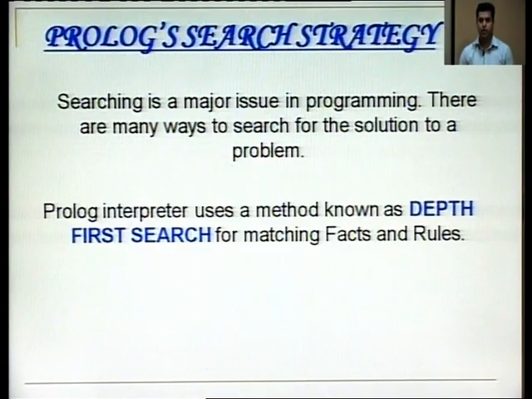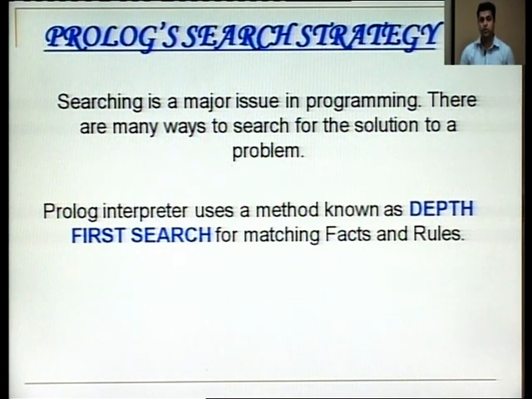Now there are a number of facts and rules in our program, that is the database of facts and rules. If the number of facts and rules is very large, you can't go for linear searching only. Linear search, all of you remember, is searching one element at a time in sequential mode. Now, what is the search strategy of Prolog?